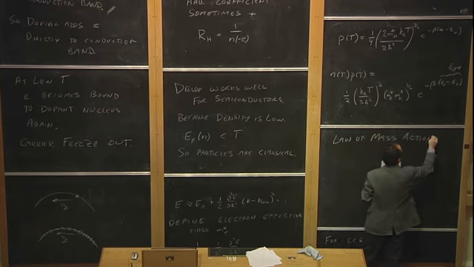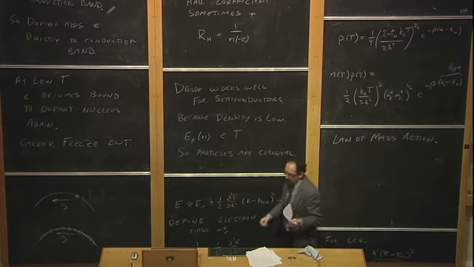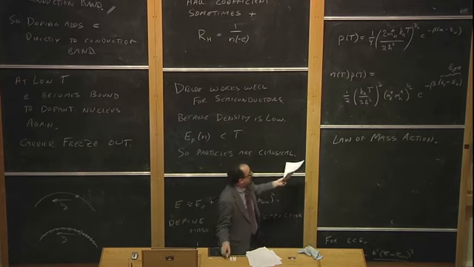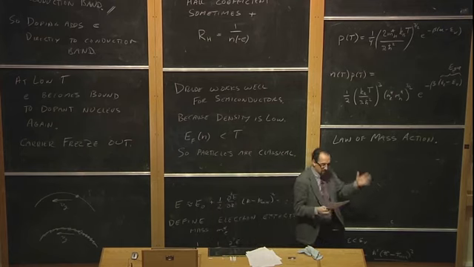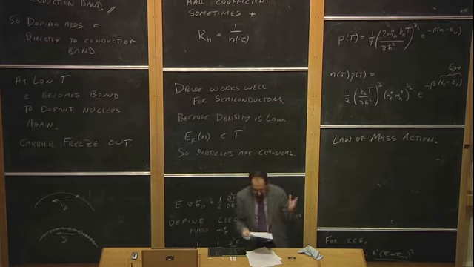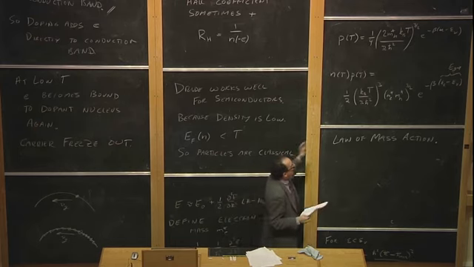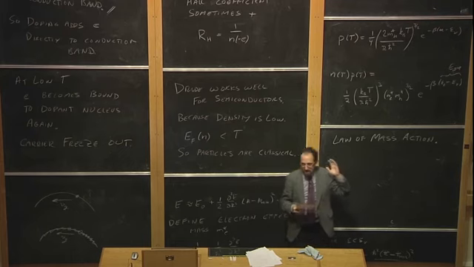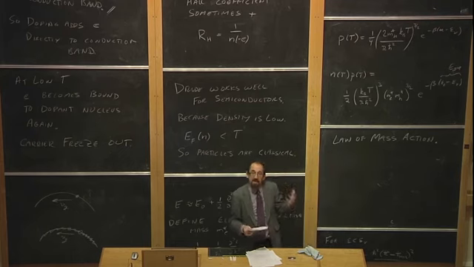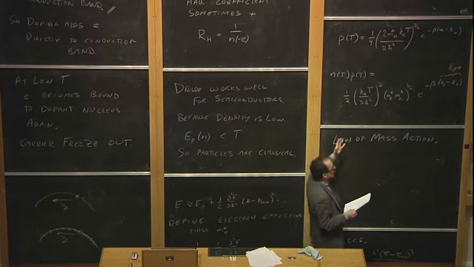If you talk to chemists, they know this. They have a law of mass action, and the nomenclature comes from chemistry. I won't go through why it's called the same thing as the law of mass action in chemistry. But the important thing to realize is that the product is independent of the chemical potential, and that means it's independent of how we've doped the system.